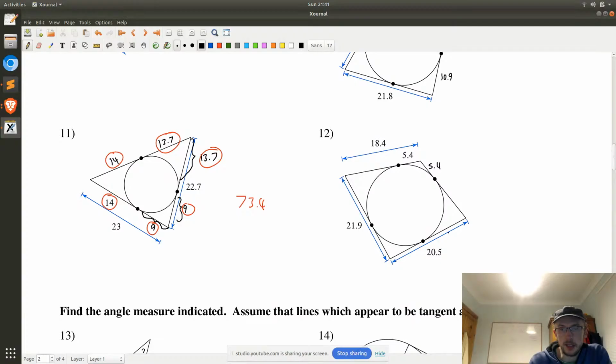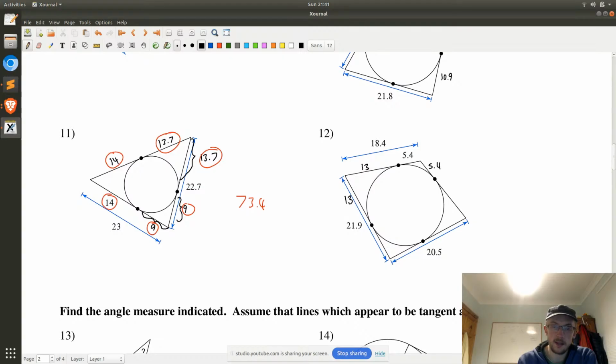20.5 has to be divided by 2 to get 10.25. And 10.25 there. No, it doesn't. That is totally wrong. Sorry, it's totally wrong. Instead, what must be done is 18.4 minus 5.4 to get 13.